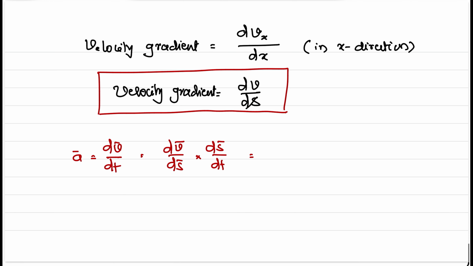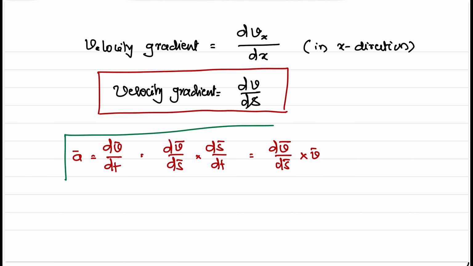That is equal to v into dv by ds into, when vectors are there we should not change the direction, order.